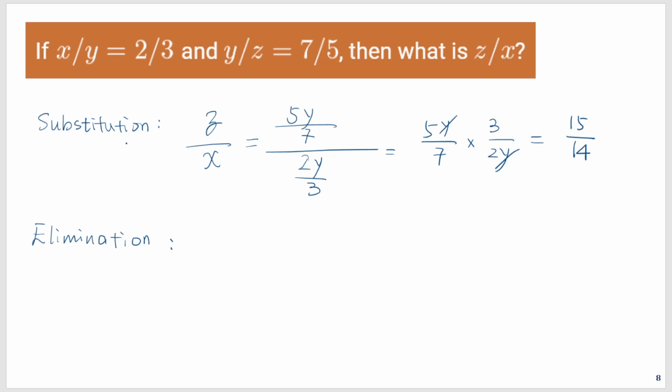So this gives us x over y times y over z equals, well, we can just insert the two ratios there, which is 2/3 times 7/5, right? On the other hand, we know that we can cancel y here, so that is x/z, right?